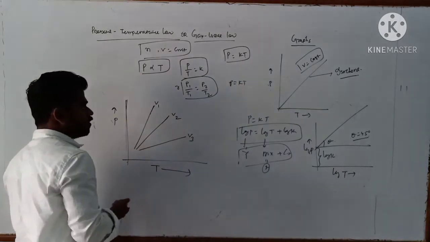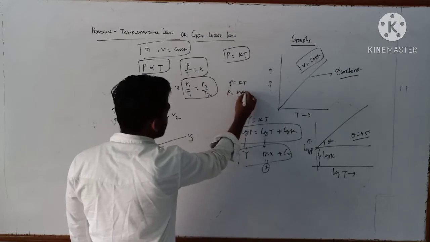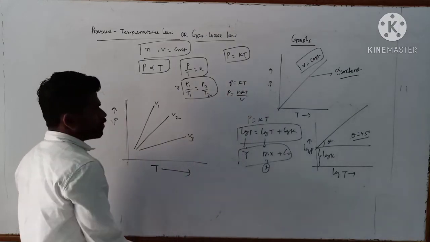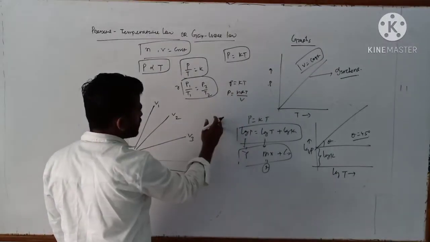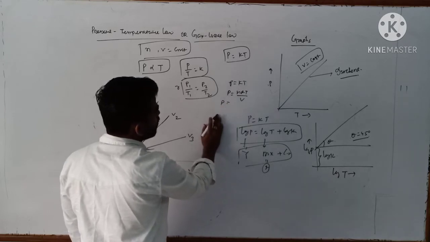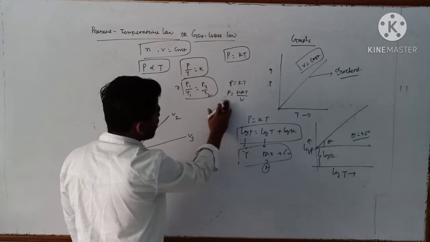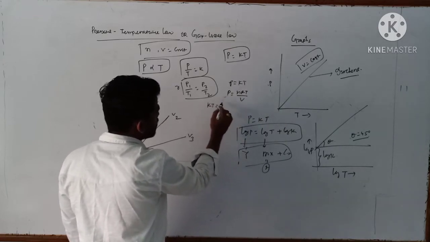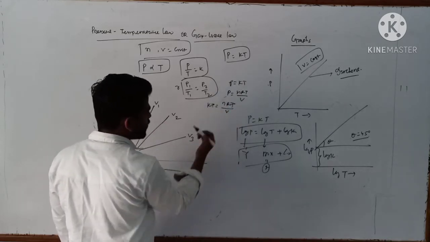Okay, again you compare PV is equal to nRT, P is equal to nRT by V. So volume is constant, R is constant, n is constant. So I can write P is equal to nRT by V. Okay, you just compare this KT is equal to nRT upon V. So T gets cancelled.